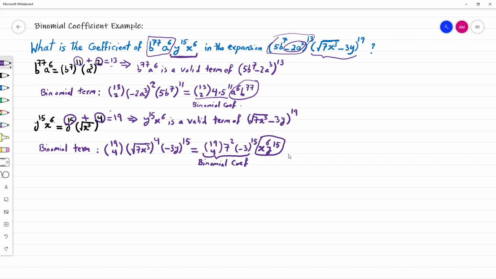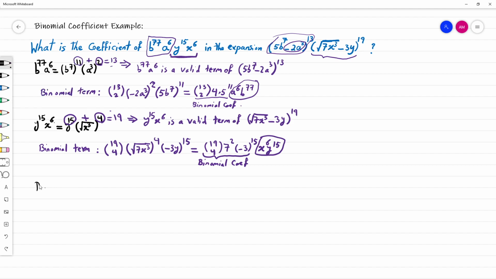Okay, now the whole thing is basically the product of these two, which is one of the terms that result from the product of these two binomial expansions. So we would say, let me just change the color.